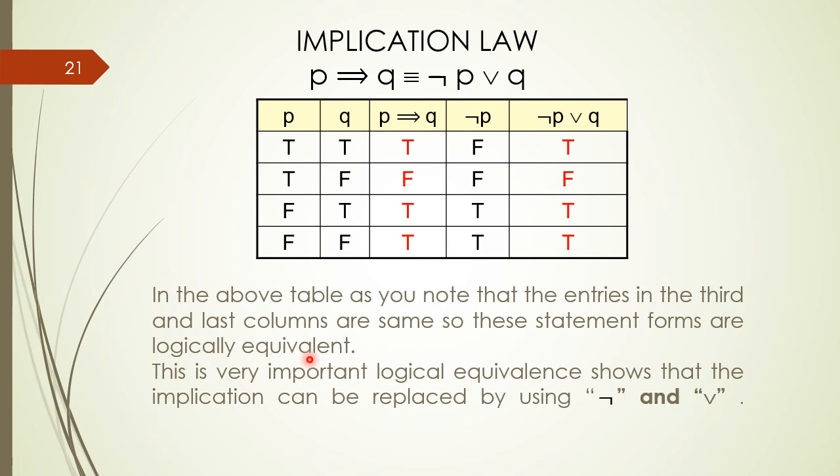This is a very important logical equivalence, which is known as implication law, and which shows that the implication, or conditional operator, can be replaced by the negation and disjunction operator. So implication can be replaced by using negation and disjunction.